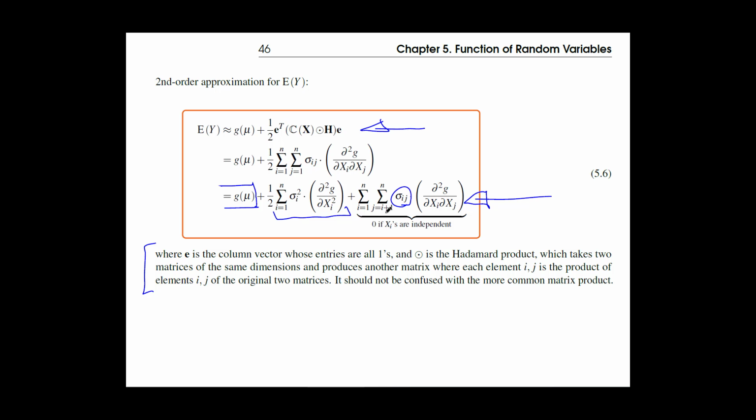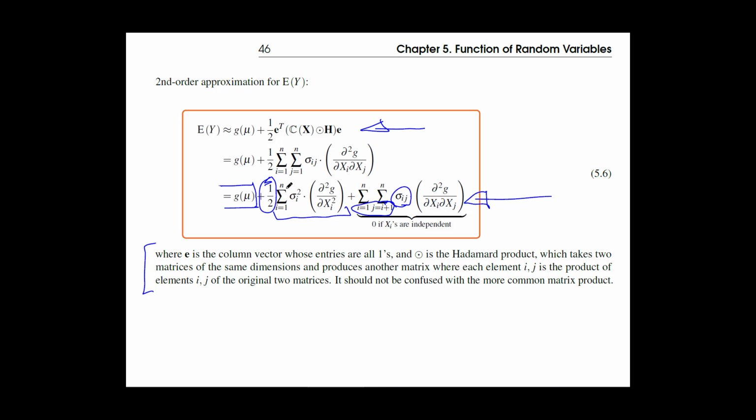And remember, here we're doing the summation over the upper triangular matrix, same as we did with linear combinations. Now, the reason you don't see a 2 here, whereas before we had a 2 and this double summation of covariances, is because we have this 1/2 at the beginning, so it cancels it out.